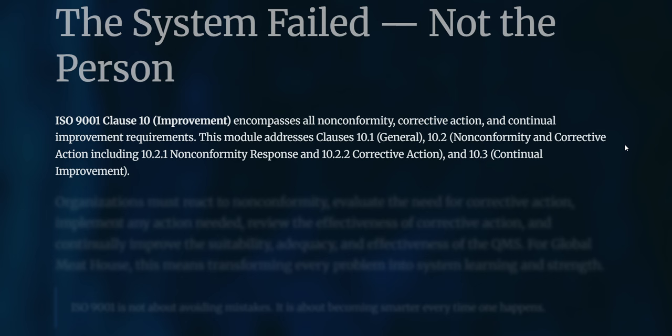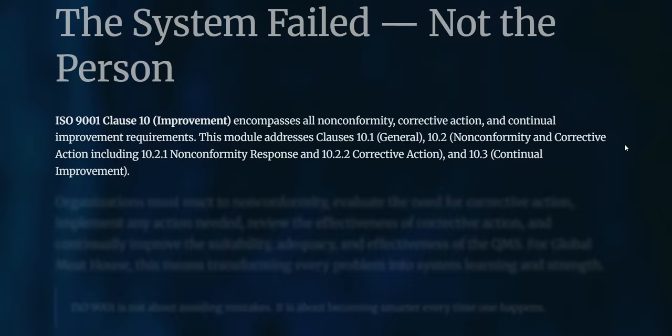If you see the same issue twice, the system failed, not the person. We must keep this mantra in our mind all the time. ISO 9001 Clause 10, improvement, encompasses all nonconformities, corrective actions, and continual improvement requirements.